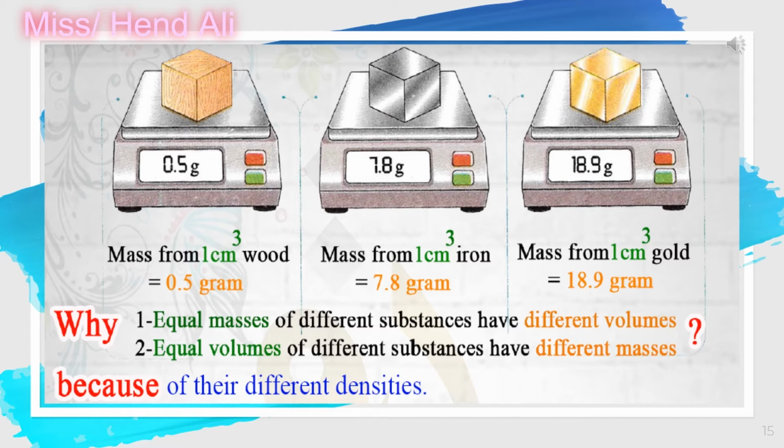The mass of 1 cubic centimeter of gold is 18.9 grams. As you can see, equal volumes of different substances have different masses, and equal masses of different substances have different volumes. Why? Because of their different densities.